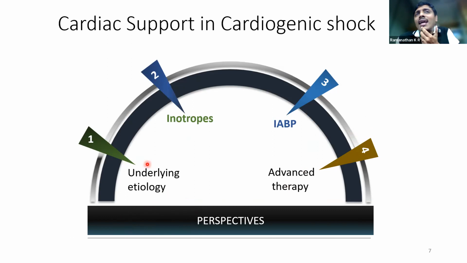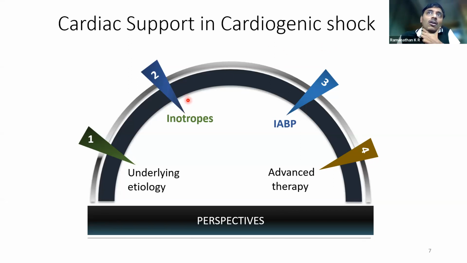So in addition to the airway, breathing, circulation, things which we already do as part of ACLS, we'll have to make sure that the underlying etiology is identified early. Now in adults, most of the time, it's acute MI that leads to cardiogenic shock. However, you cannot have tunnel vision thinking that this is always acute MI in every setting. You'll also have to start working up your patient to make sure that your underlying etiology is correctly diagnosed.